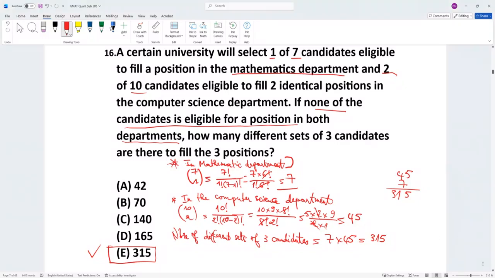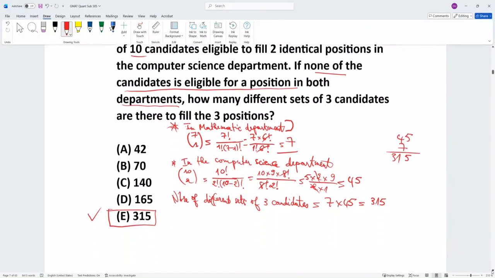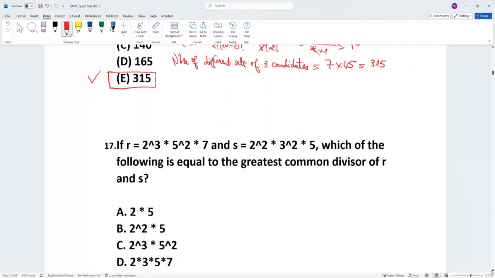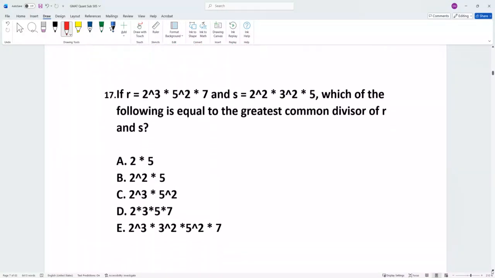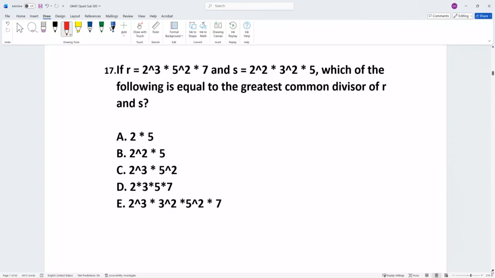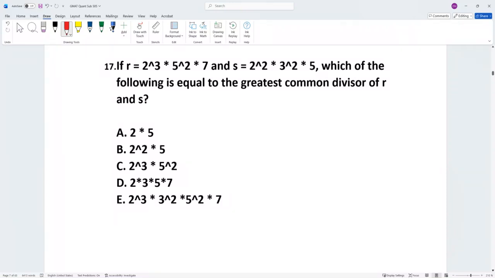All right. So now let's move on to the next question. So here it says R is equal to 2 to the power 3 times 5 to the power 2 times 7, and S is equal to 2 to the power 2 times 3 to the power 2 times 5.